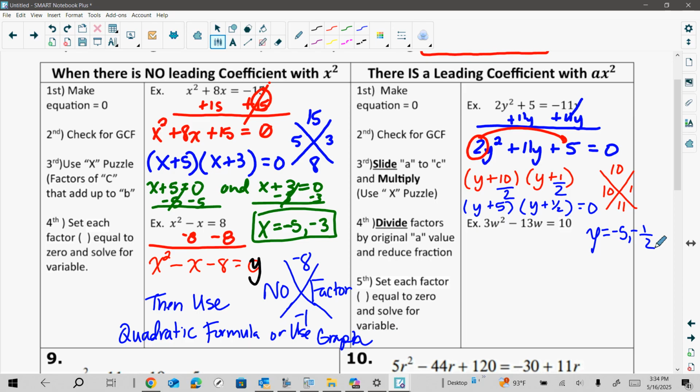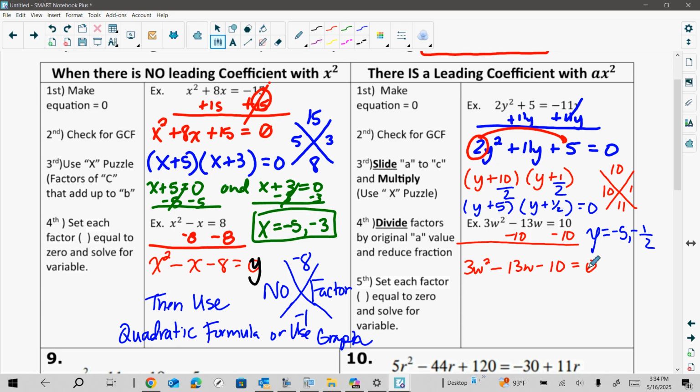Okay. So what I would like for you to do is try example 3. Let's see if you can just identify the first step. -10, correct. If you said that, that's correct. So this is going to give me 3w squared minus 13w minus 10 equals 0.